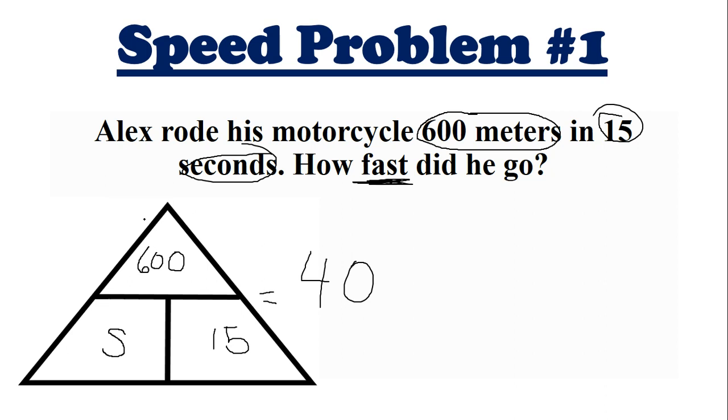You get a point for completing the triangle, a point for your correct answer, and a point for the unit. The unit for speed is meters per second in this problem. I hope you got that. In class I would ask if there are any questions, but I can't look at you, so I don't know.